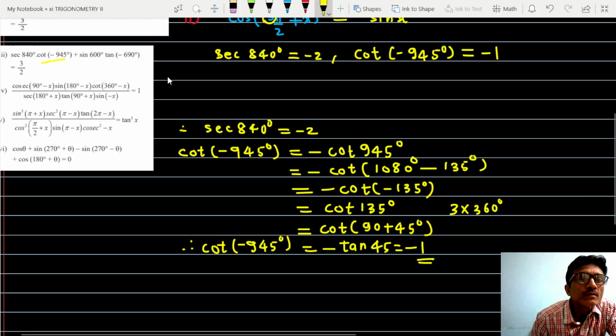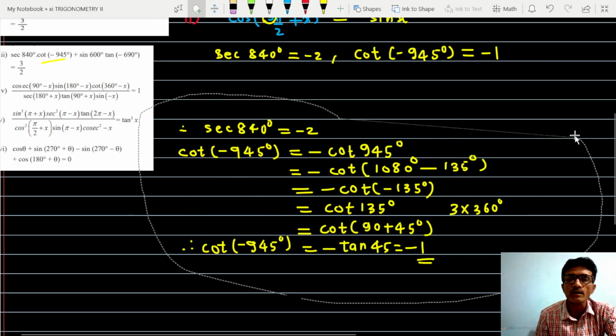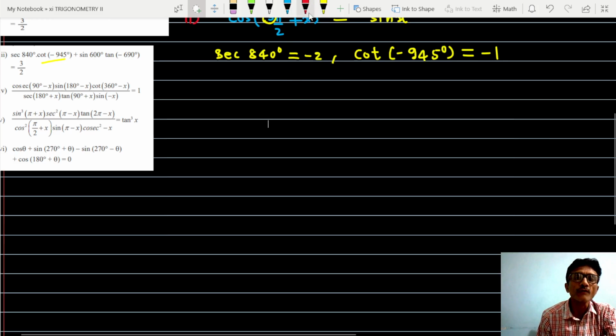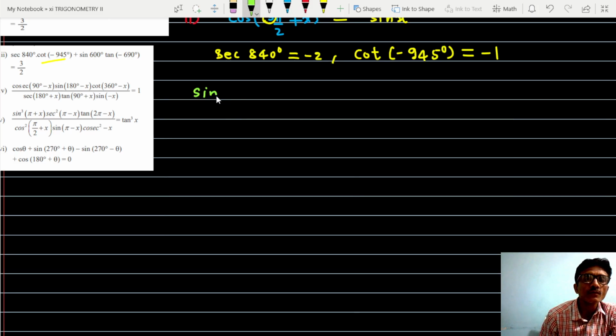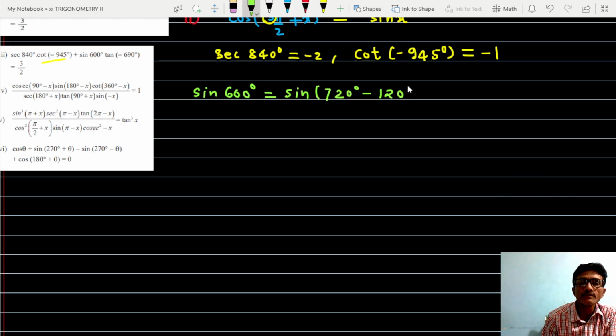Then sine of 600 degree, the next value you have to find here. We will write it as sine of 720 degree minus 120 degree, which is equal to minus sine of 120 degree.